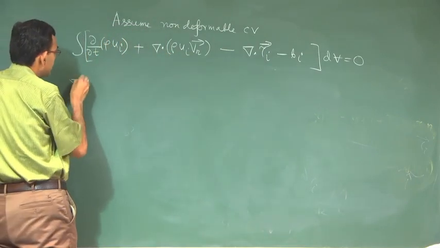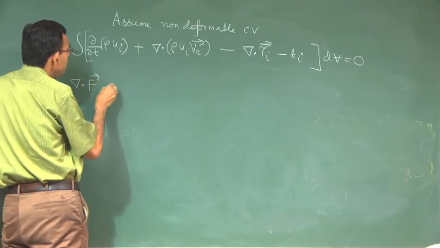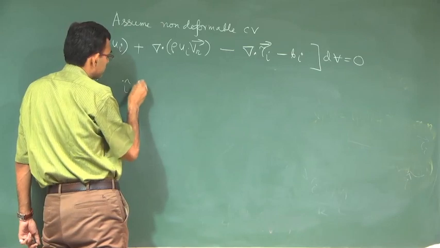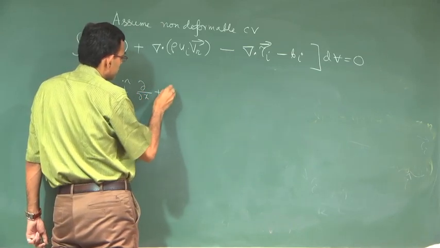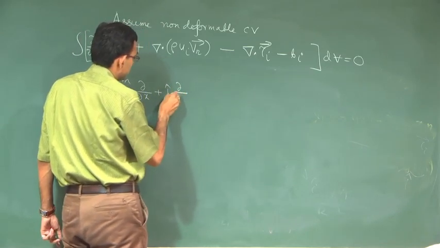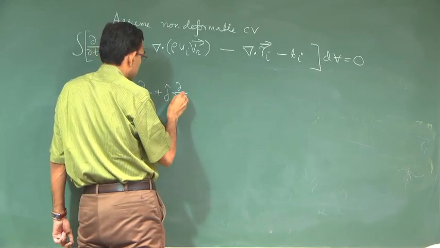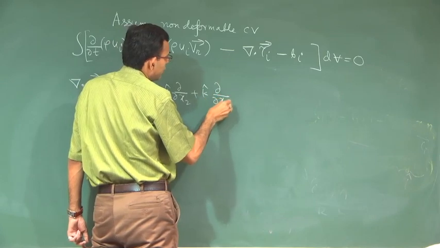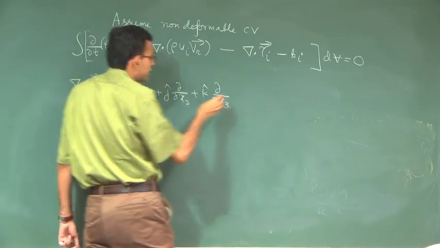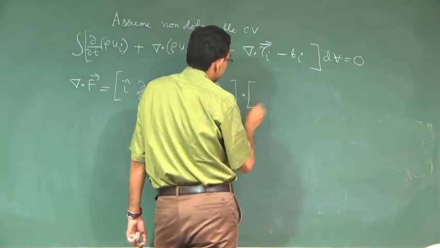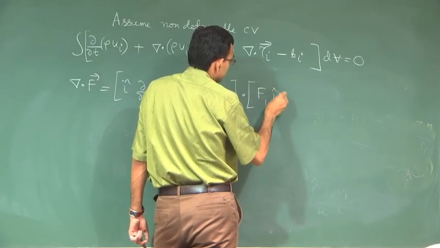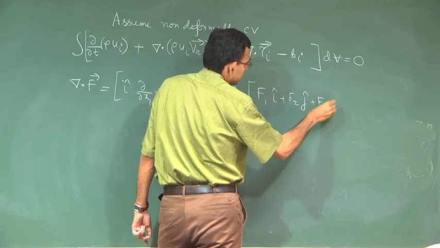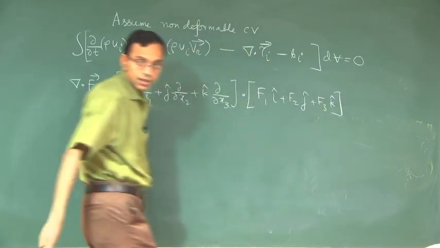So, divergence of a vector f, so that is... now I am writing x1, x2, x3 because I want to use the index notation. Right.